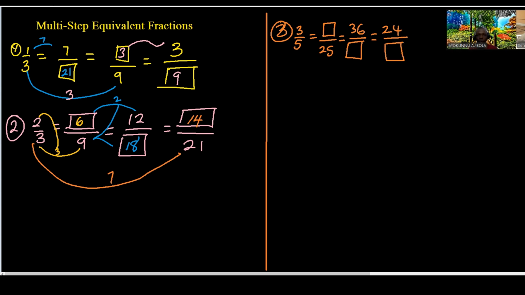So what do you think? I think you have to find the answer what makes 25. So 5. Then you times 5 by 3, which is 15. Okay, good. The next one?